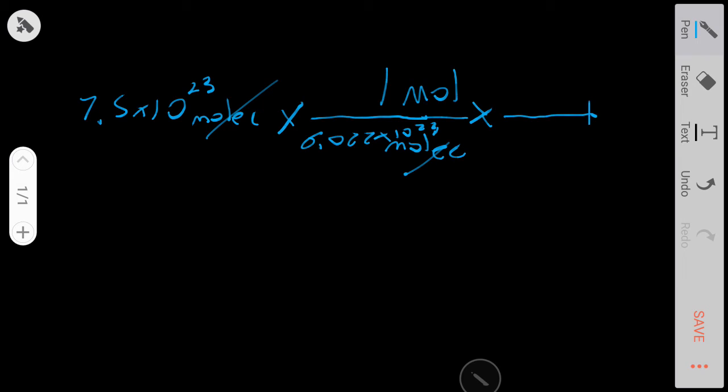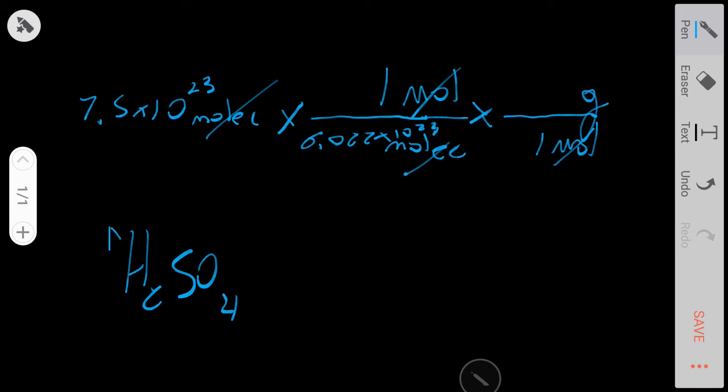And finally, I want to get grams over here. To cancel out moles, I put it on bottom. Moles cancel out. And how many grams are there in 1 mole of sulfuric acid? Let's see, it's H2SO4. So from hydrogens, I get 2. From sulfur, I get 32.